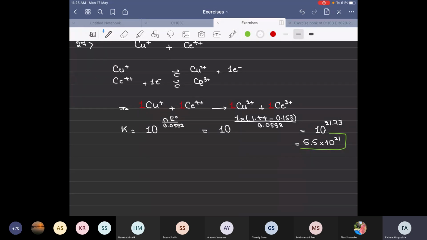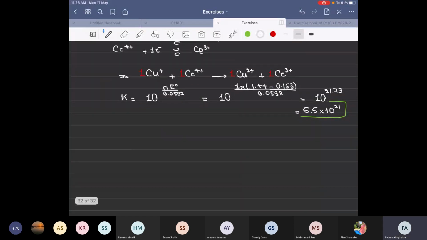It means that it reaches an equilibrium where the yield is more than 99.9%. It is complete, but it does reach an equilibrium. This is an idea that is very complicated, and we still struggle to understand it in first year. Okay. Alright, that's the first part.